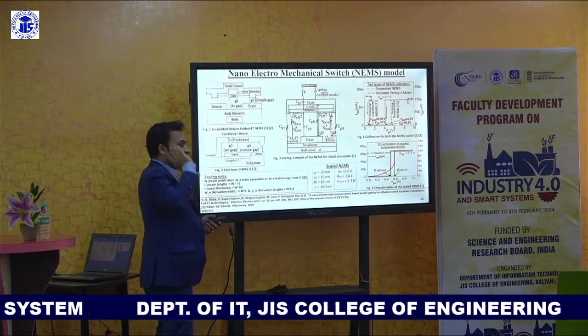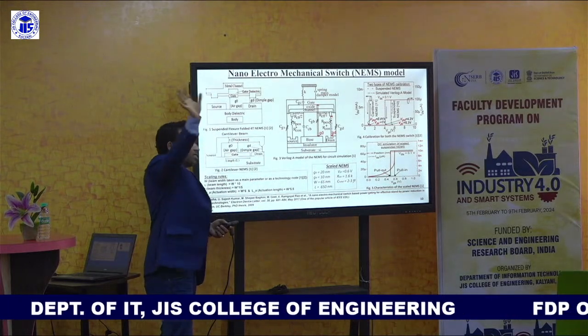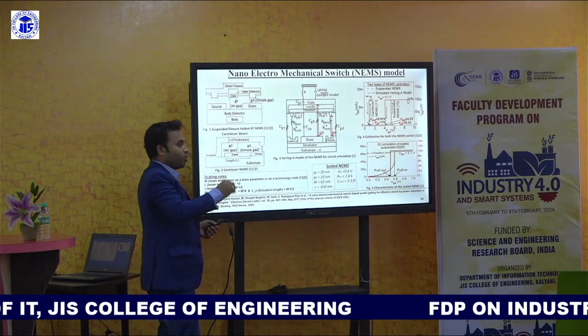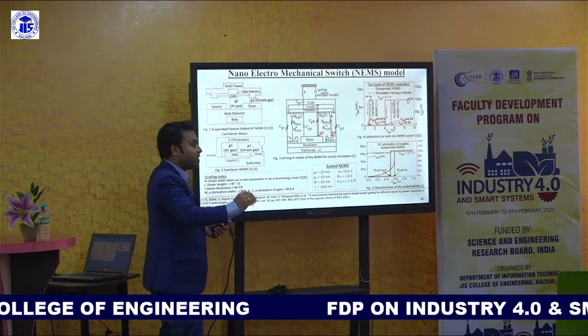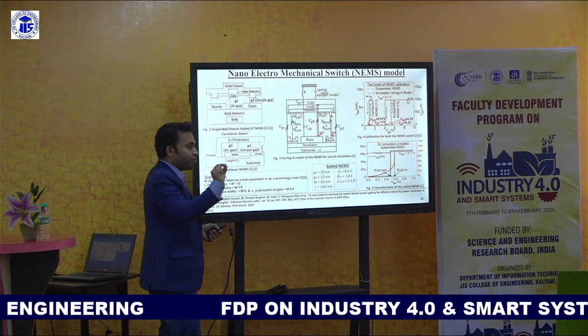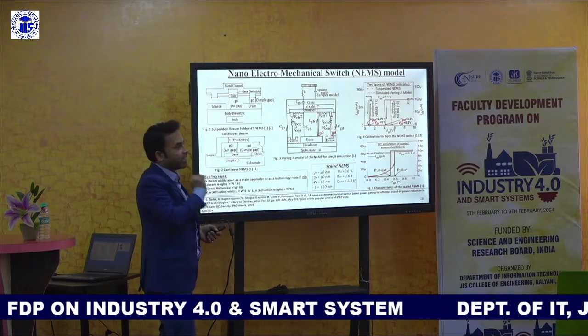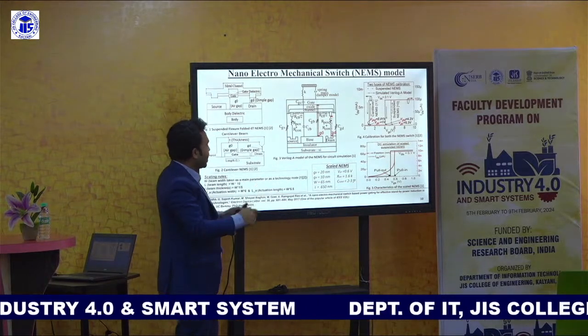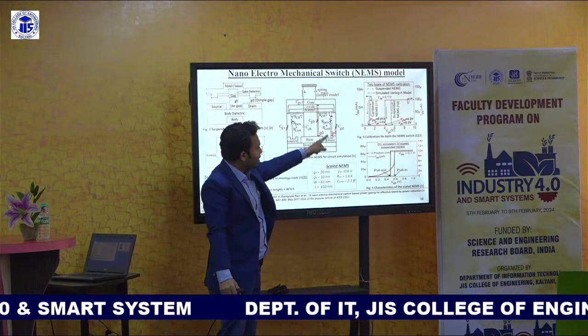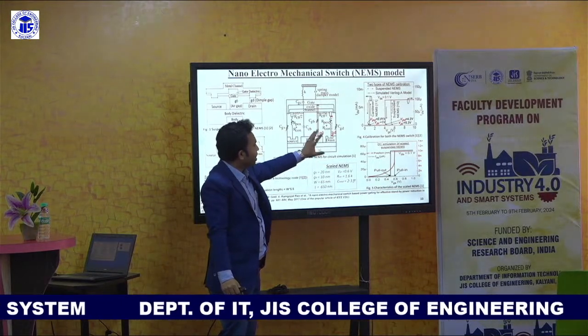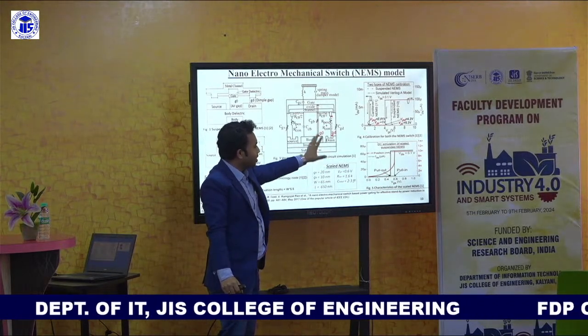You can claim anything, that I have done this or that, but that will not be published in a reputed journal. You have to compare your result with experimental results. Then only will it be published in a reputed journal, right? So that's why we need calibration, verified with some experimental values.